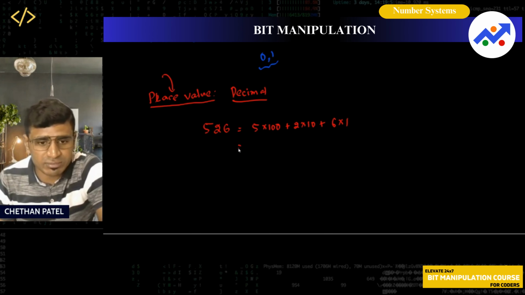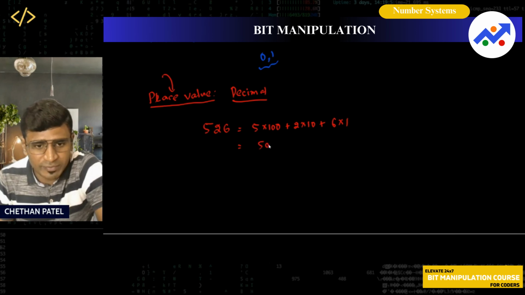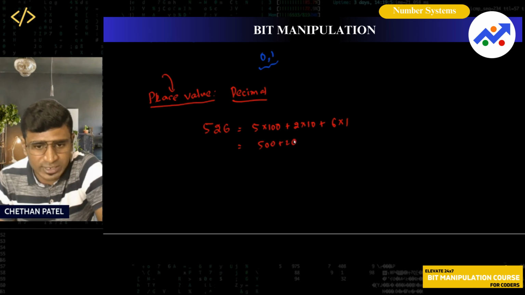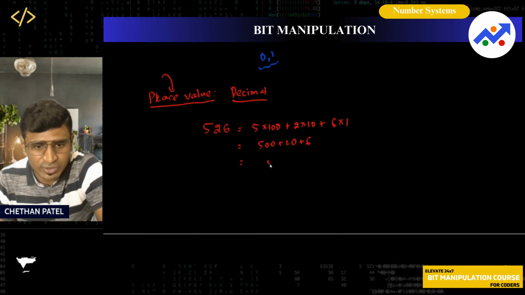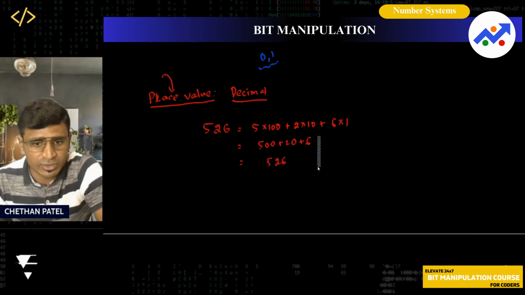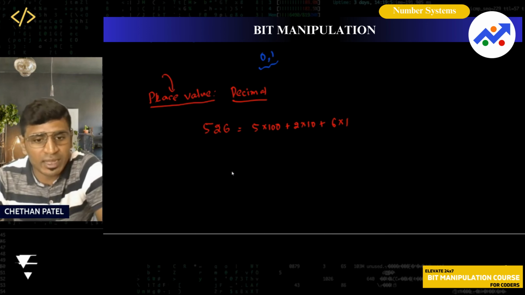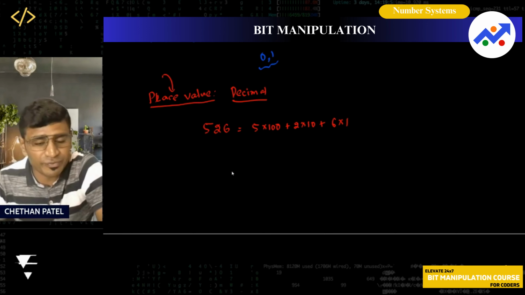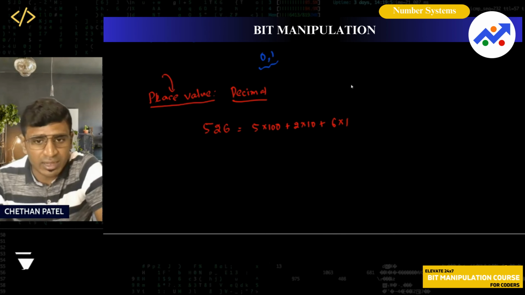So if I compute this, 500 plus 2 tens are 20 plus 6 ones are 6, it again results in 526. Correct, right? So the main stuff you need to identify is this.